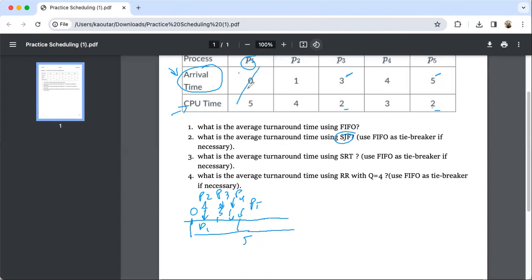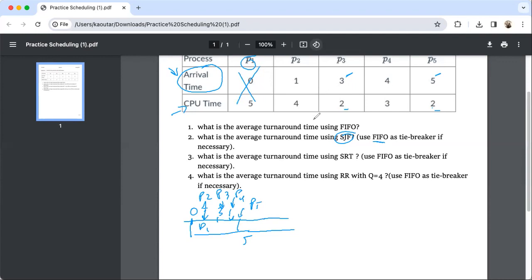So P1 is gone. Now I need to compare the burst time for the currently existing processes in the ready queue. I can see that P3 and P5 have exactly the same burst time or CPU time. And in that scenario, I will use first in, first out to break the tie.